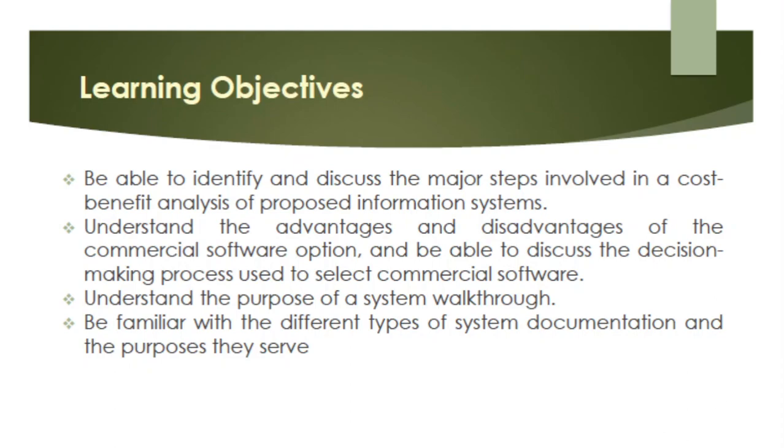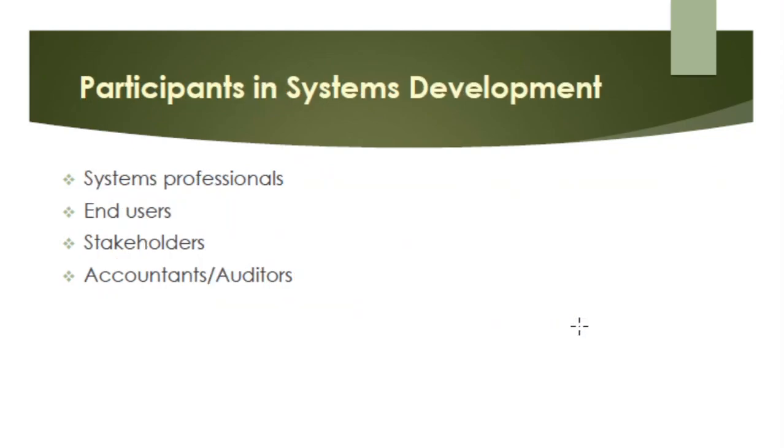But before that, let's talk first about the participants in systems development. So who are the people that are involved when you are talking about systems development? So first, we have your systems professionals. When you say systems professionals, they refer to your systems analysts, system engineers, and programmers.